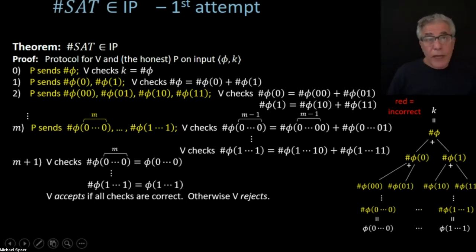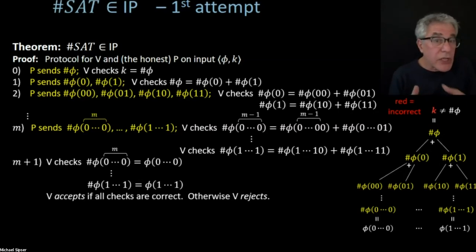And why is that? Because first of all, if K was wrong, and I'm indicating the wrong values in red, so it did not equal the number of satisfying assignments, if the prover sends the correct value, the verifier is just going to say it doesn't match up, I reject right away. So what can the prover possibly do to prevent the verifier from rejecting?